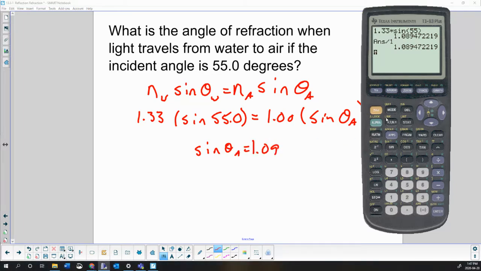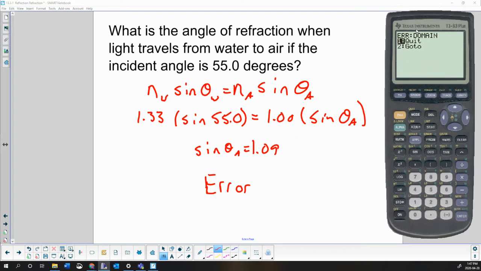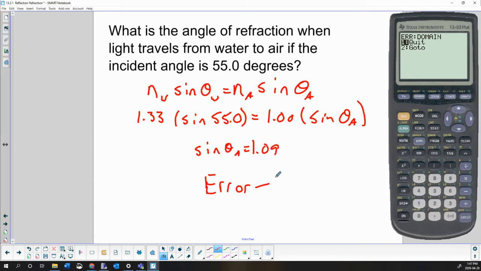And now something interesting happens when I take the inverse sine of that. My calculator gives me an error. In other words, it cannot tell me an angle when the sine of the angle is 1.09. And this is not a big surprise. If you think about what sine really is, the sine of an angle is always opposite over hypotenuse.